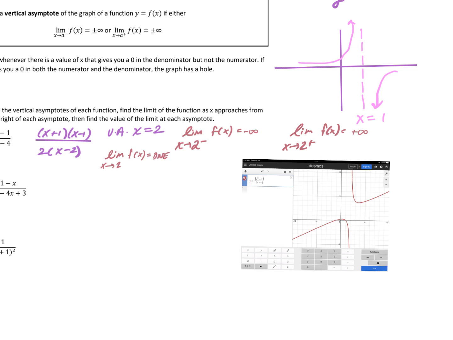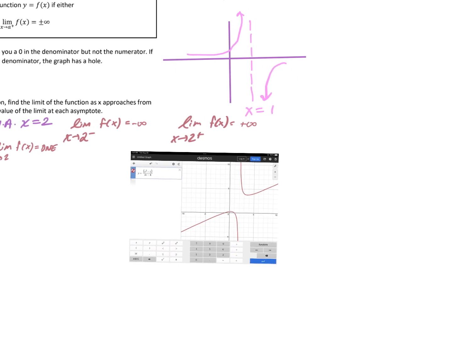Now, how would you do this without having to graph it? You can do a little number line, if you want. Put the asymptote in, so it's x equals 2. Again, you're knowing that the answer is positive or negative infinity. You want to pick something that's really close to 2. Now, you have to be careful.